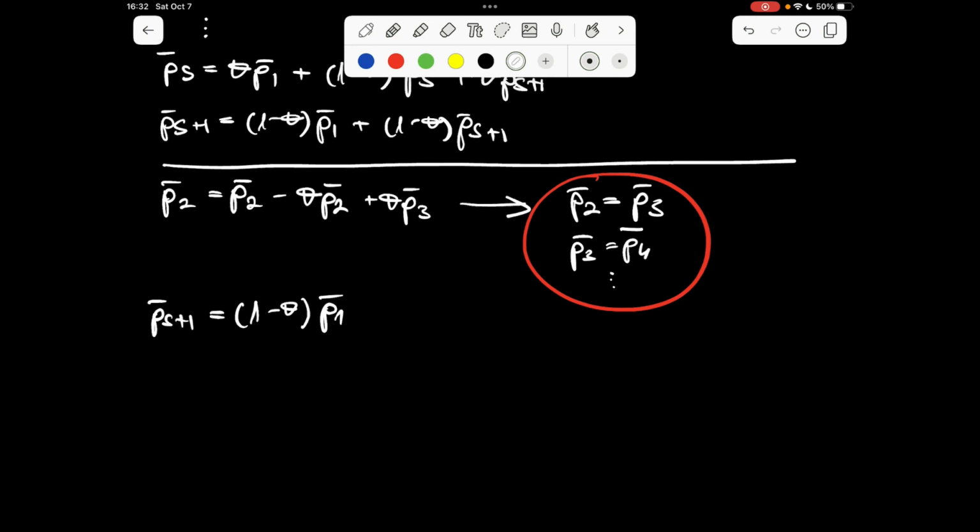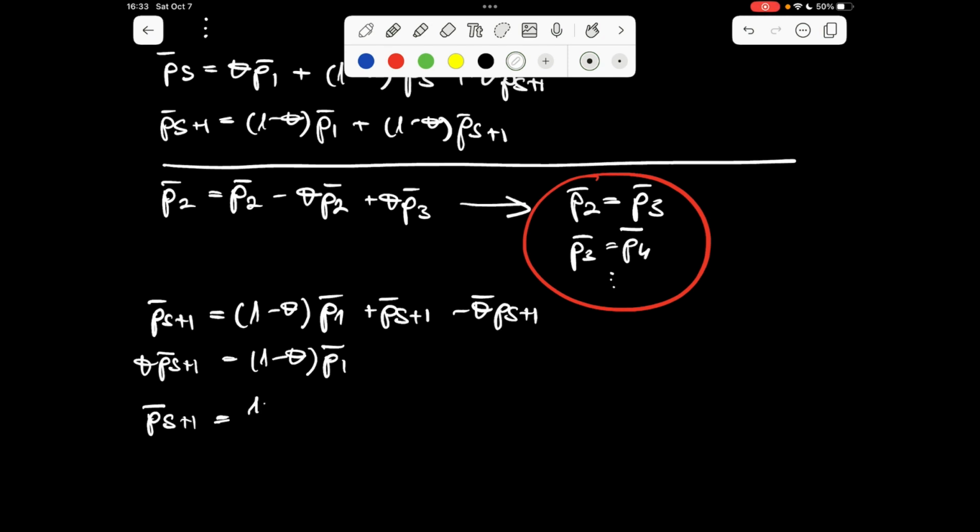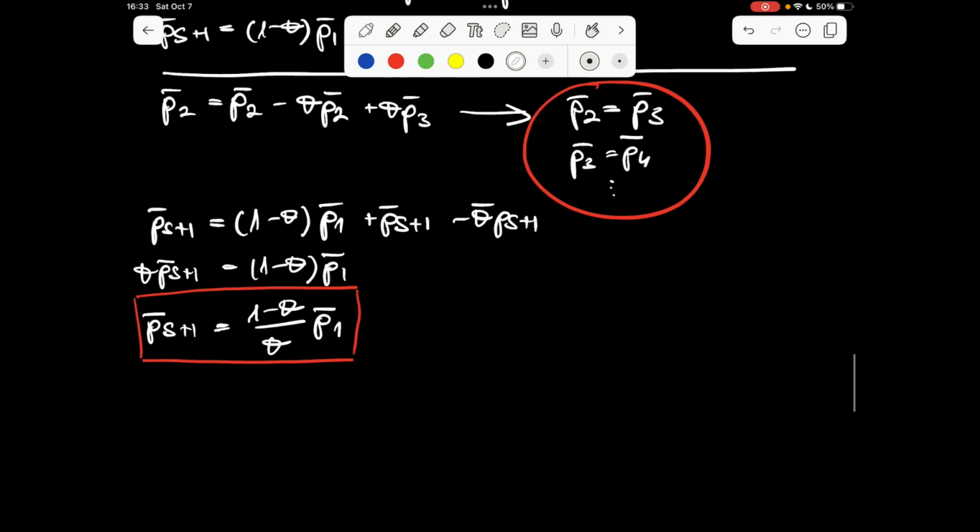this is what applies to the last element in the vector, which can be simplified and eventually we are going to have this equation that describes the last element in the invariant distribution vector.